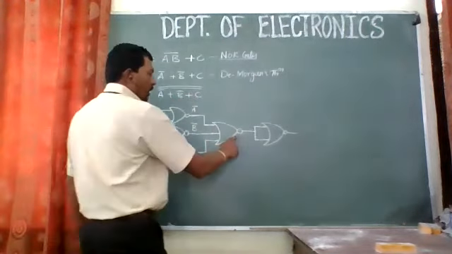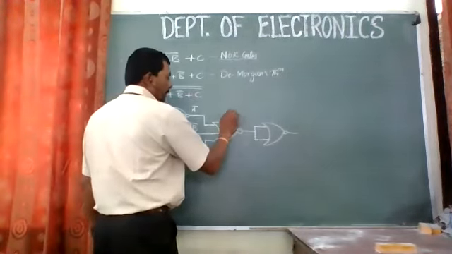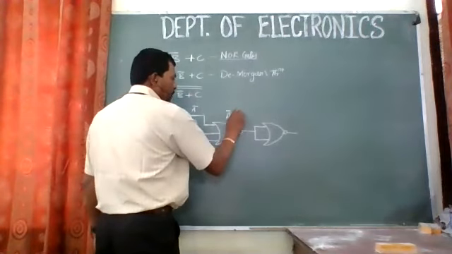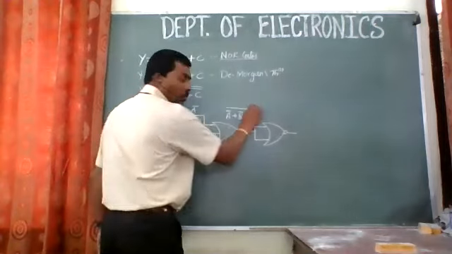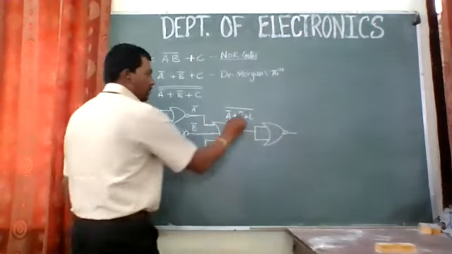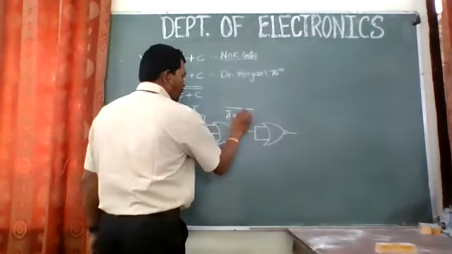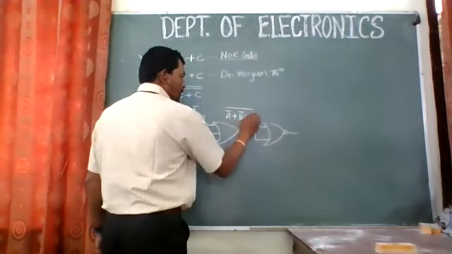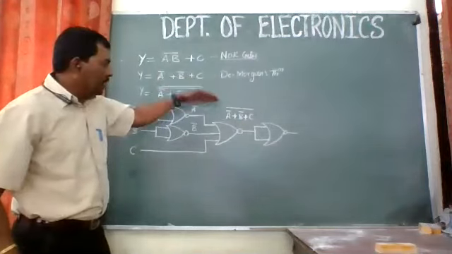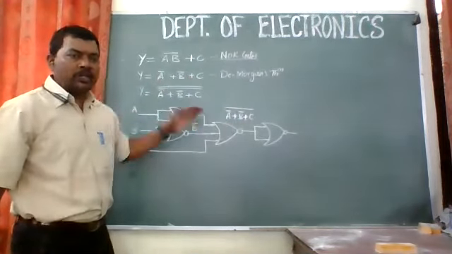So the output at this point will be A complement plus B complement plus C whole complement. I guess it is visible to you. Here we are having this much of the equation.